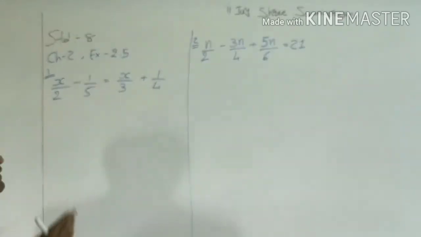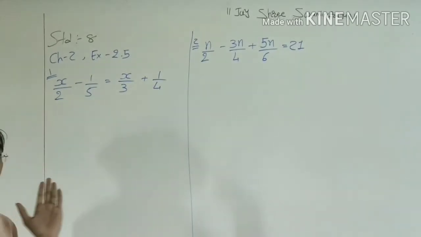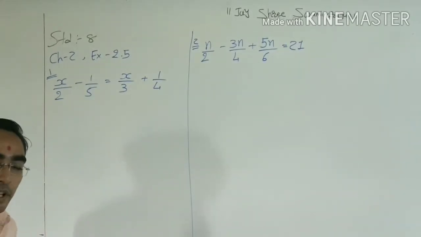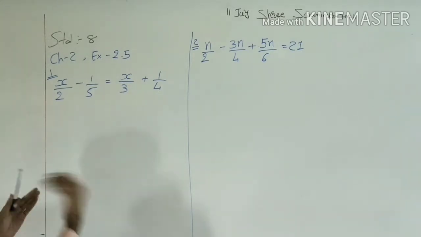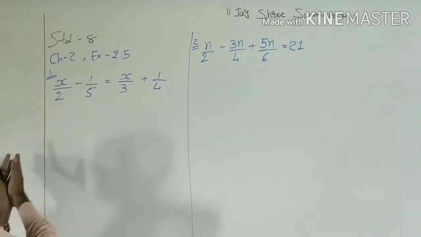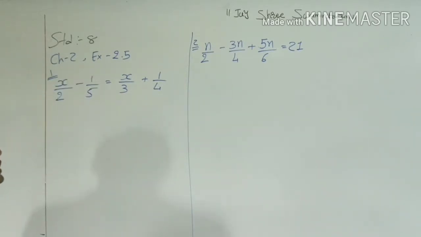Right now I will try to collect the terms which contain x on one side and the numerical term on the other side.